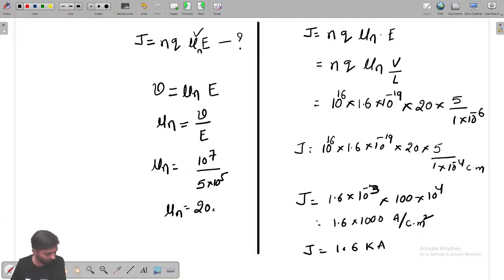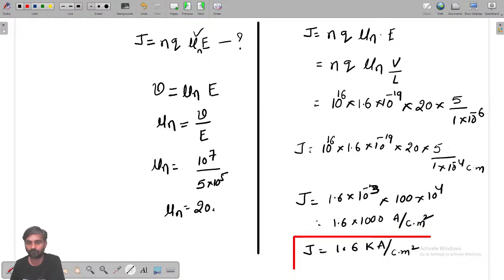Your answer is correct, Mahendra, but the question asked is in terms of kilo amperes per centimeter square. So this is the answer.